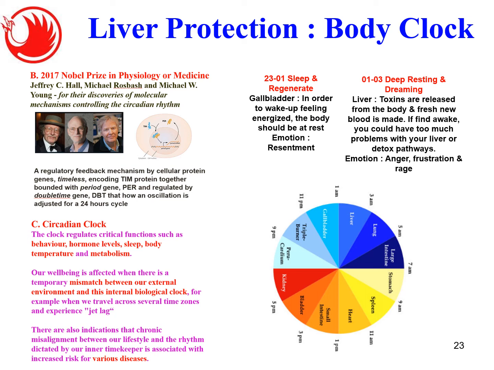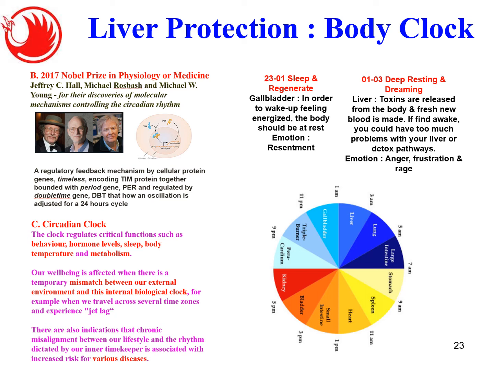For example, in the circadian rhythm clock, 11 p.m. to 1 a.m., which crosses midnight, is the time for sleep and regeneration. In the TCM clock at this time, the affected organ is the gallbladder.